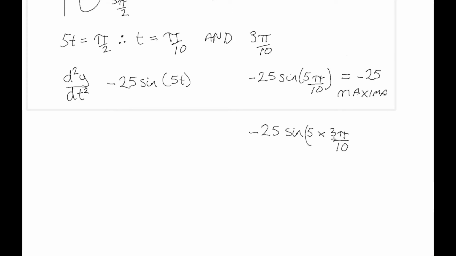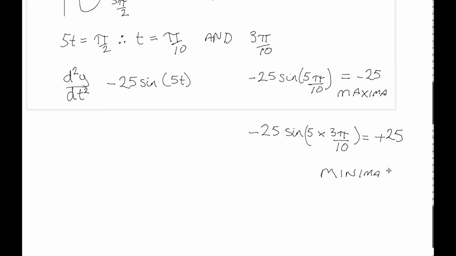If that was 15, that would divide down to 3 pi over 2, so again, I don't need a calculator, that's minus 1, so minus 1 times minus 25 will give me plus 25. And again, we don't care what the number is, we just care it's a positive. So that makes it a minima. Okay, so we've proved it there.